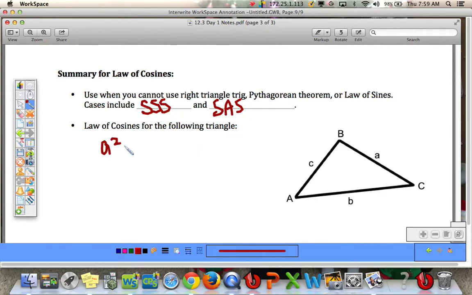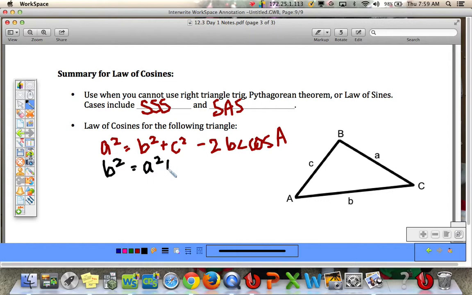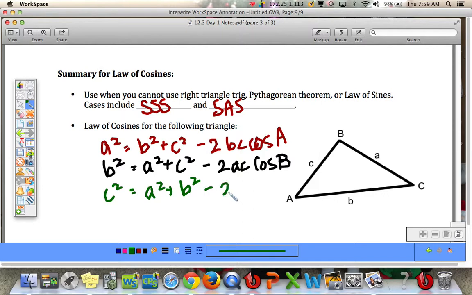And the formulas are A squared equals B squared plus C squared minus 2BC cosine of A. Or switch the order for B, switch A and B, so we'll have B squared equals A squared plus C squared minus 2AC cosine of B. Or for C, it's C squared equals A squared plus B squared minus 2AB cosine of C. So you're going to practice just solving for sides today, and we'll take a look at using law of cosines to solve for angles tomorrow.